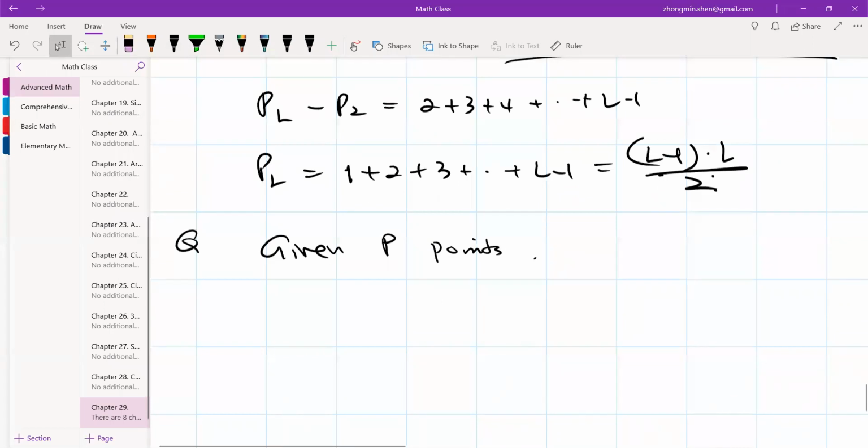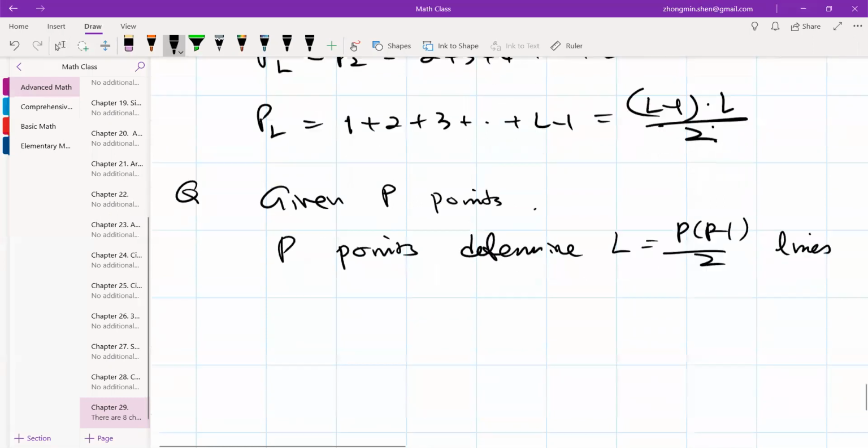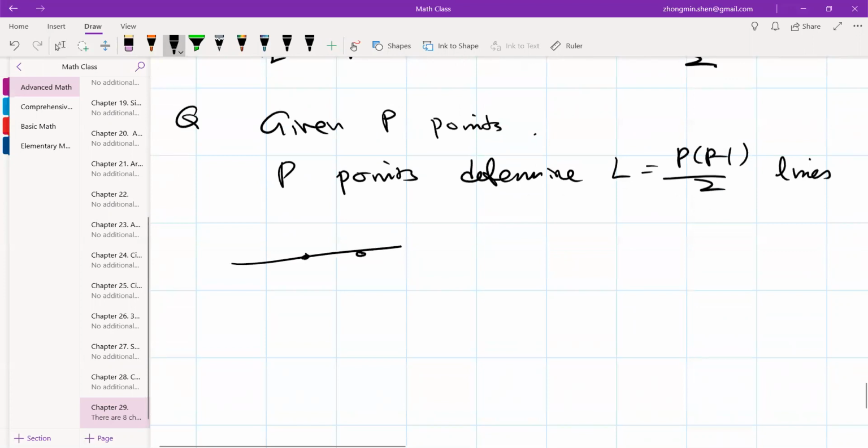P points determine L equals P times P minus 1 divided by 2 lines, okay? For example, you have 2 points. There is only 1 line passing through the 2 points. When P equals 2, L is going to be 1. So 2 times 2 minus 1 divided by 2 is 1.